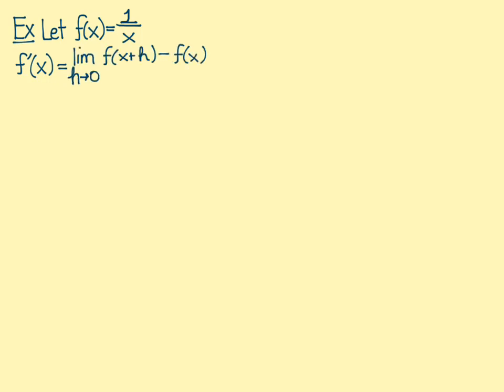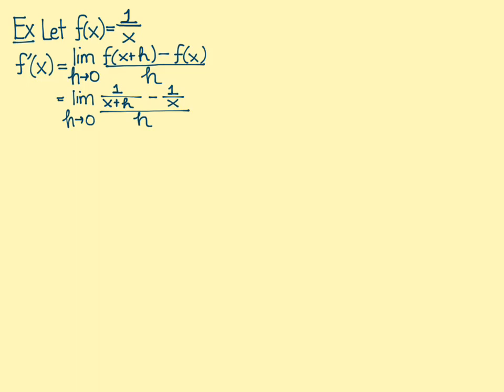So the limit as h goes to 0 of f of x plus h minus f of x over h. And this time, my function is 1 over x, so f of x plus h is going to be 1 over x plus h. So everywhere that I saw an x in f of x, I'm replacing that x with x plus h. So I have 1 over x plus h minus 1 over x all over h.